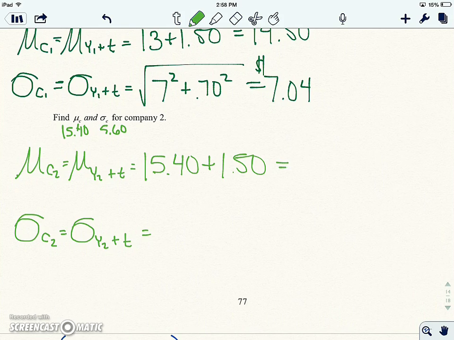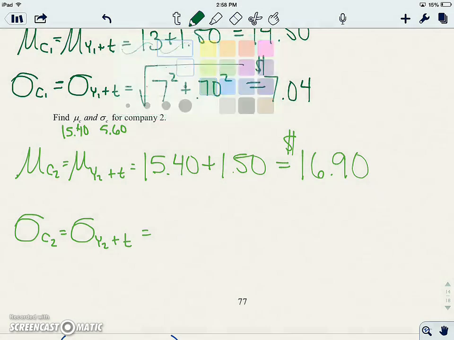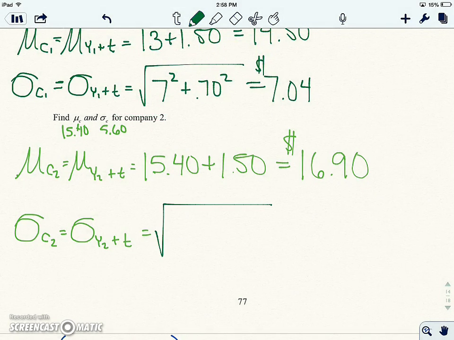And now the total average cost of company 2 is $16.90. And then again, for standard deviation, we're going to use that square root formula. And so we take the variances, or the standard deviation squared. The standard deviation for company 2 was 5.60. We square it, plus the standard deviation of the tip, which was 70 cents.